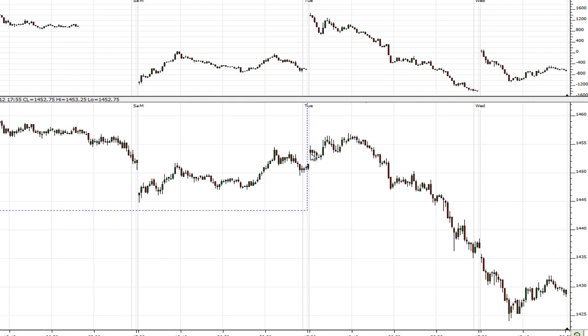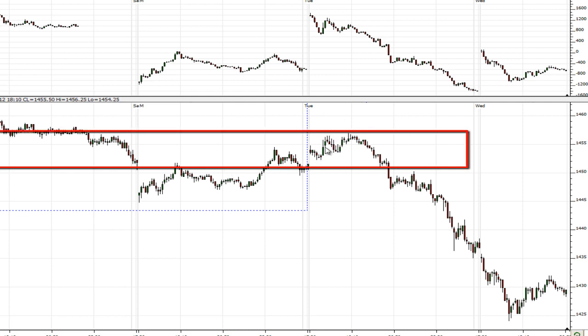Now, this day opened up still within this whole high volume node that stretched from about here to there, right? So we know we're within the high volume node of this major key reference area, of this major balance. We also know something else about balances, and that's the fact that they don't last forever. Eventually, the market's going to break out one side, either to the upside or to the downside, right?